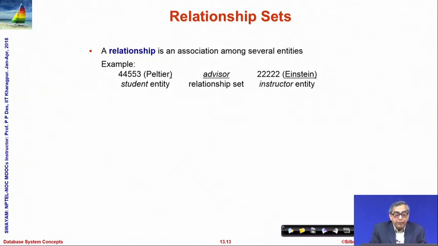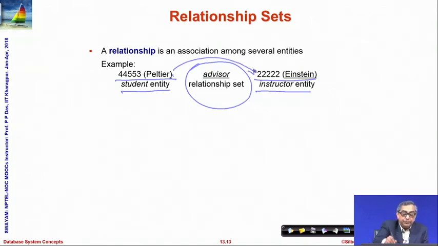So, here we have an entity shown as a student, this is a student entity identified by the student ID, which is a primary key in the student entity set. We have an instance of an instructor entity identified by the ID of the instructor Einstein, which identifies any instructor uniquely, and then advisor is a relationship set which relates these two.